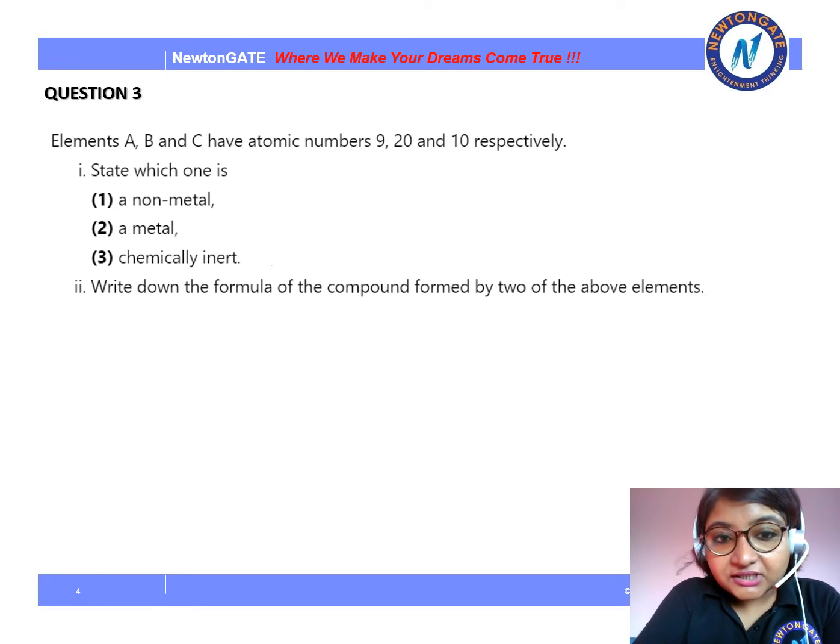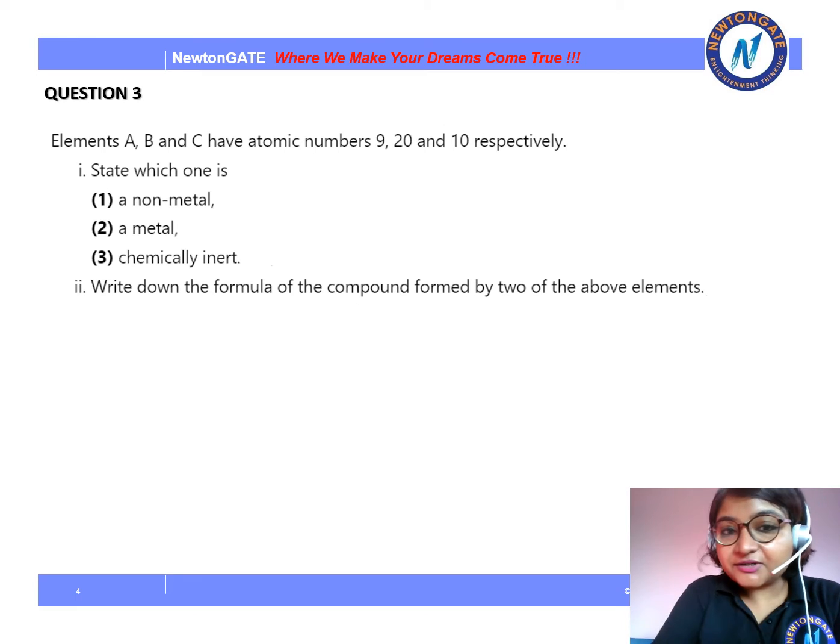To do this question, you must know that the non-metal will gain electron and the metal will lose electron, and the one which is chemically inert will have its octet complete. That is, valence shell will have 8 electrons, and if it is helium, then it will have 2 electrons in the K shell, and this is called duplet.